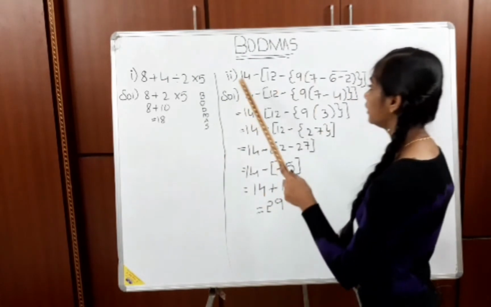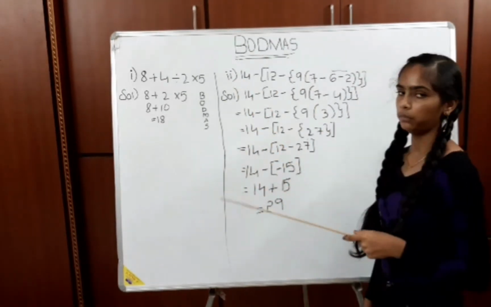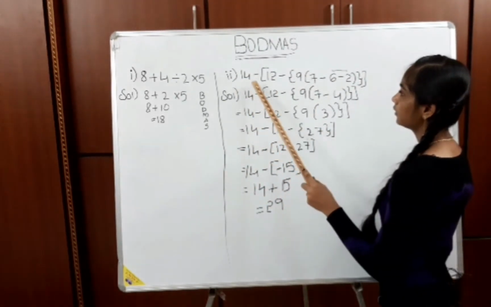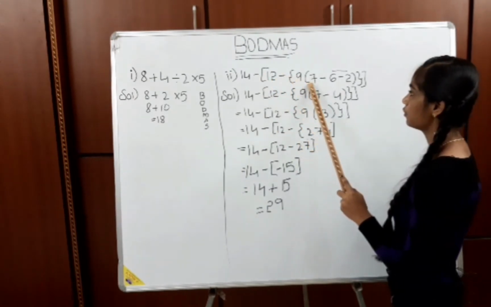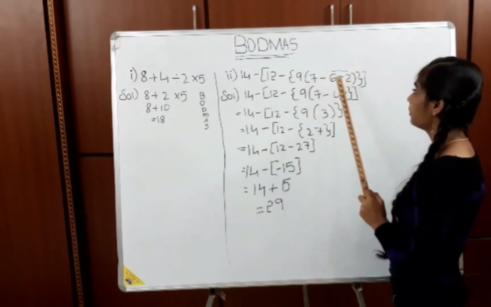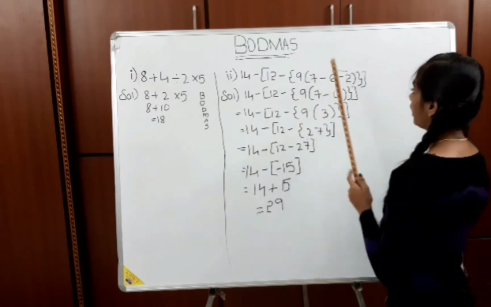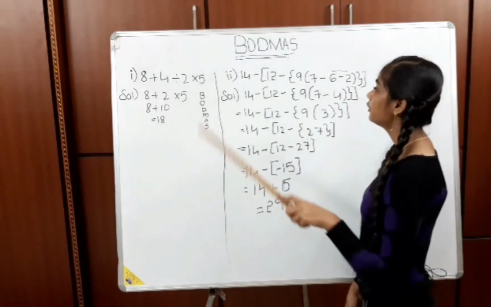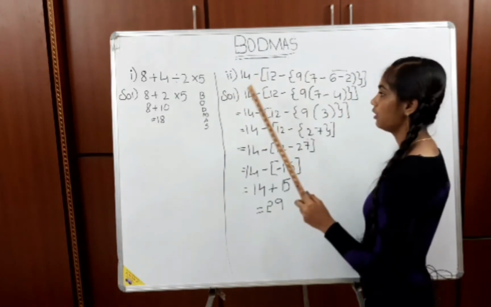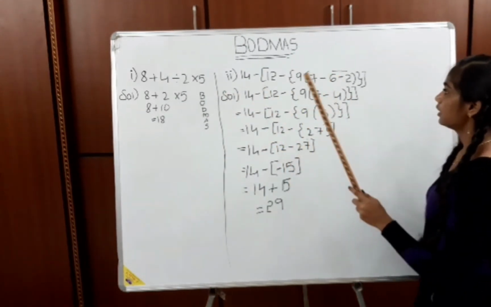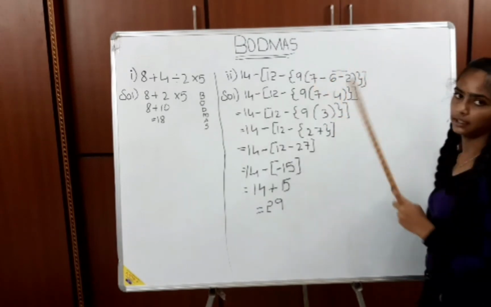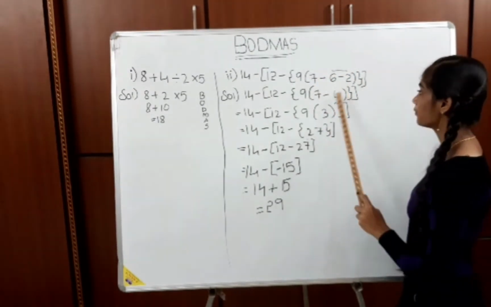And next one is a bigger problem. 14 minus 12 minus, here flower braces, 9 into 7 minus, vinculum 6 minus 2, and brackets. First we should write 14 minus 12 minus 9 into 7 minus. Here the vinculum means a bracket. So 6 minus 2 is 4.